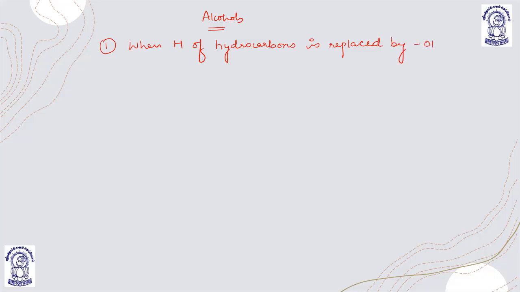So starting with the general properties of alcohols, when a hydrogen atom of hydrocarbons is replaced by OH, that is the hydroxy group, the substituted compounds are known as what?